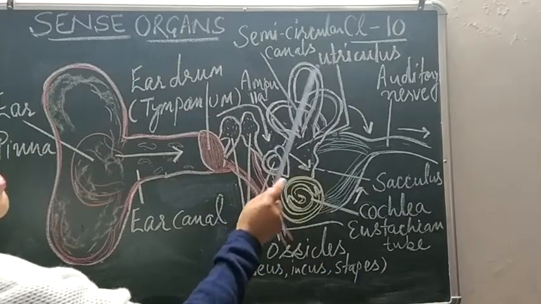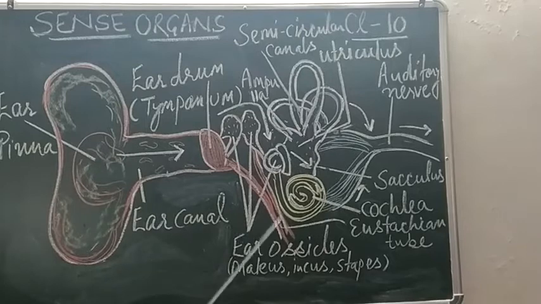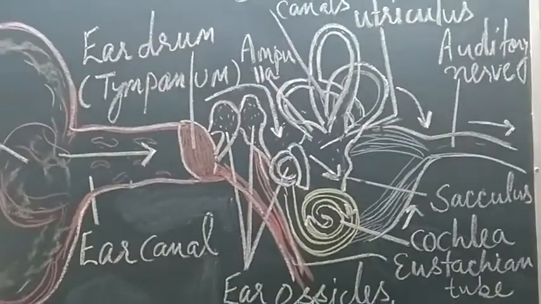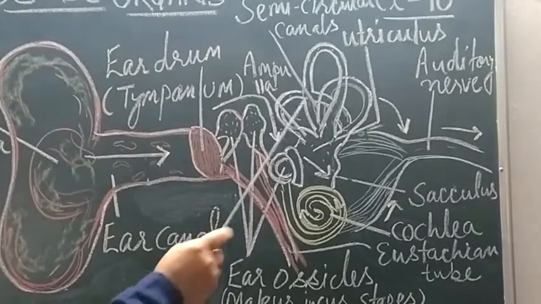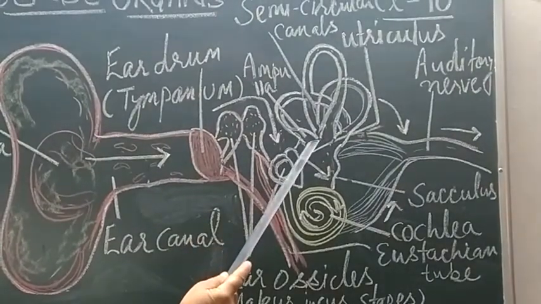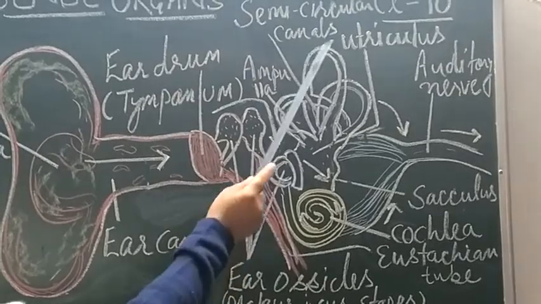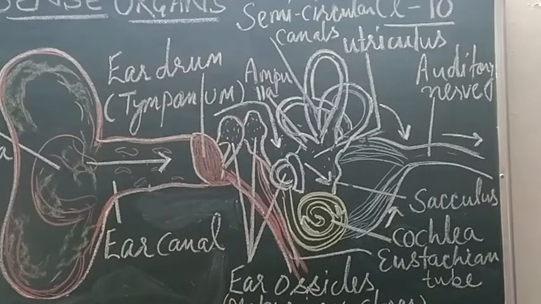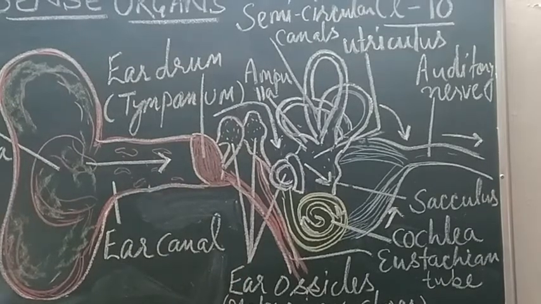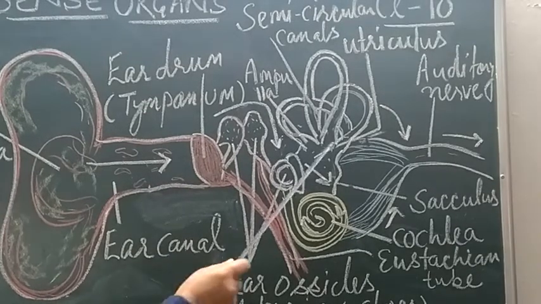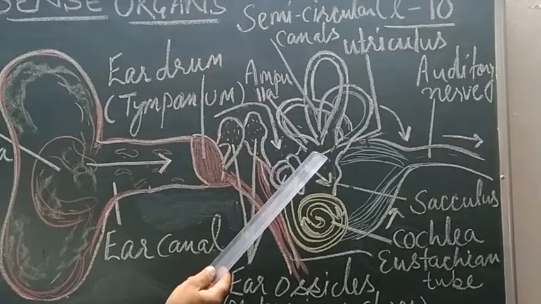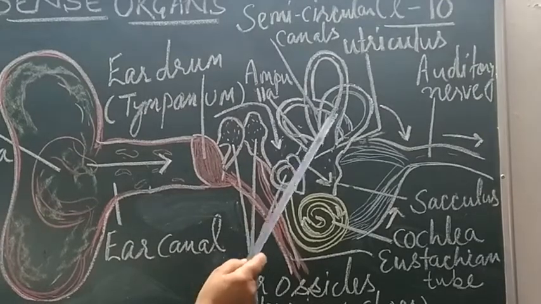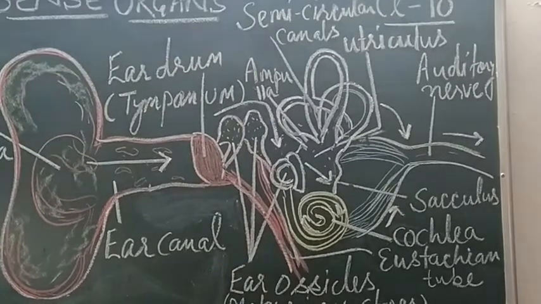The fluid present in the semicircular canals also moves. The ampulla, which is a slightly wide part of each semicircular canal, has sensory cells called cristae. These cristae help in the dynamic balance of the body.